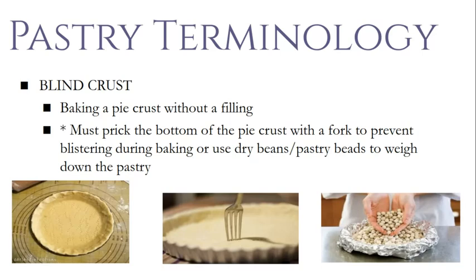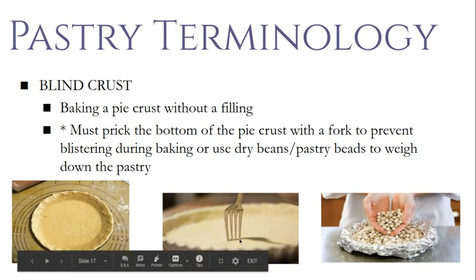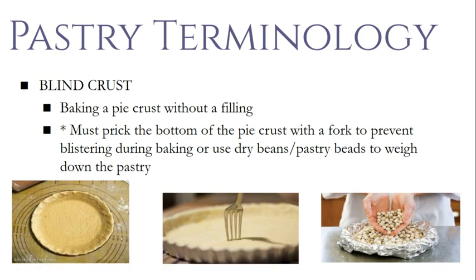A couple of things that you're seeing in these pictures: you're seeing a fork prick the bottom of the crust. That allows the steam to escape as the pie crust is baking. Sometimes steam and air like to get trapped under there, and it actually causes a bubble to rise. We don't want that, because if that bubble rises and bakes like that, when we put that filling in, it's going to break the bubble, and then there's going to be filling all under the bottom of the pie.